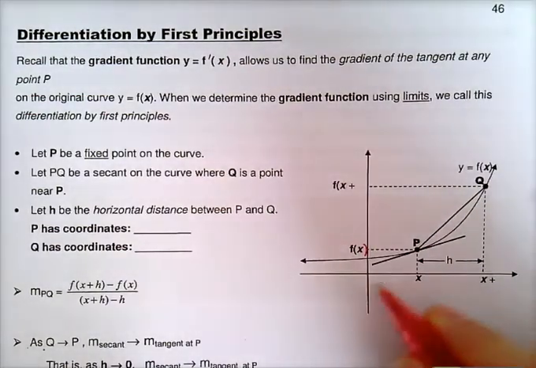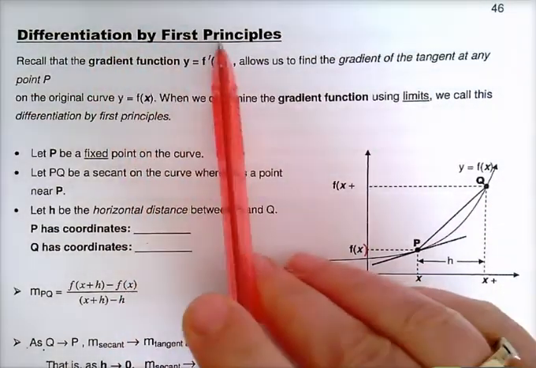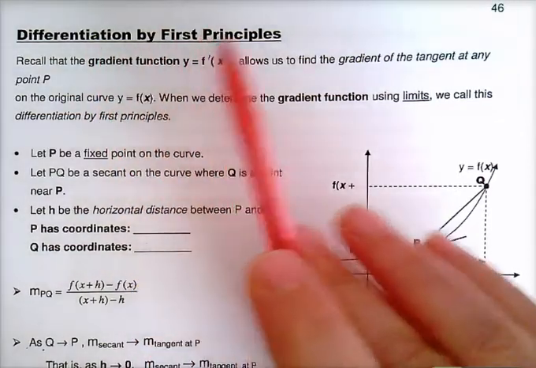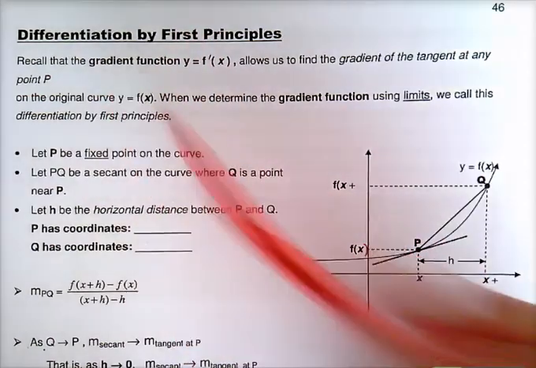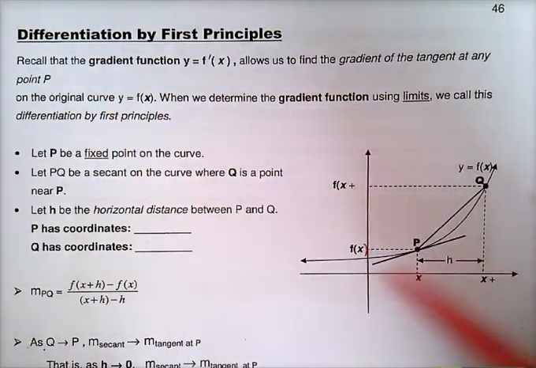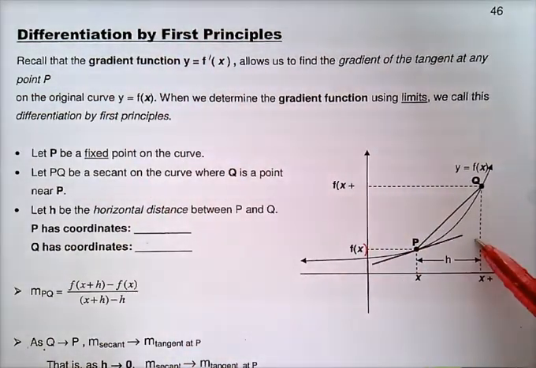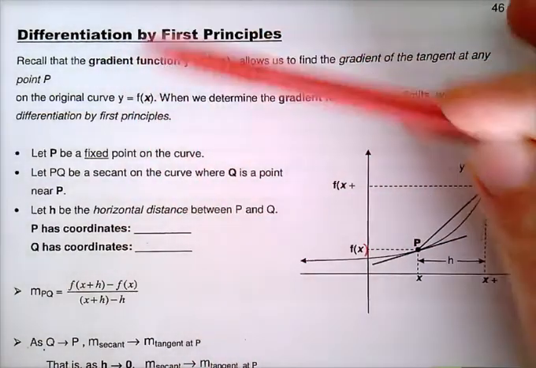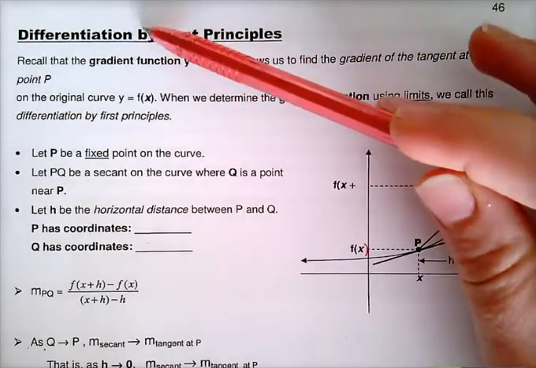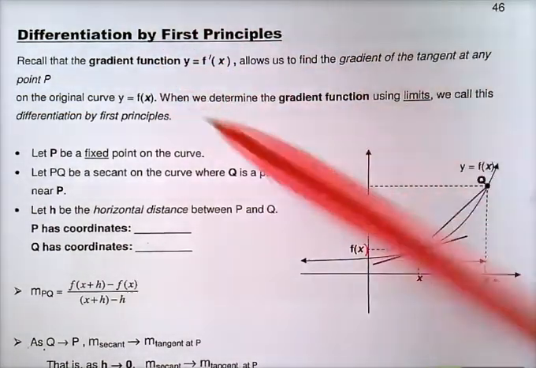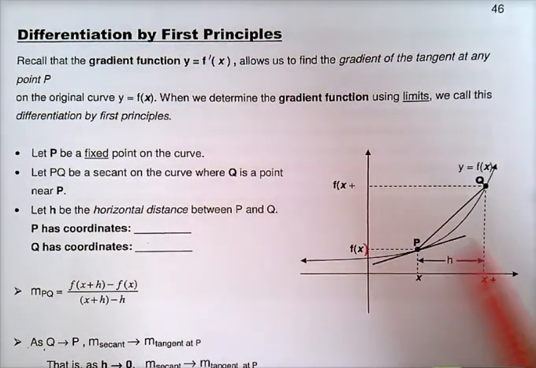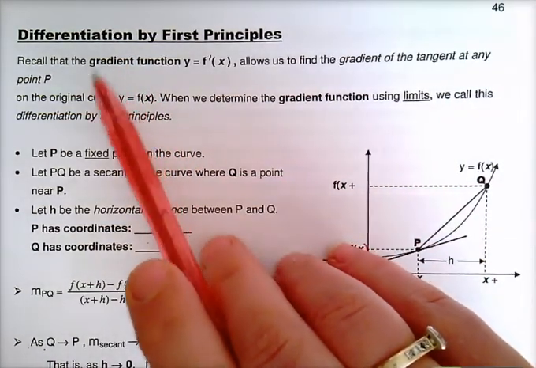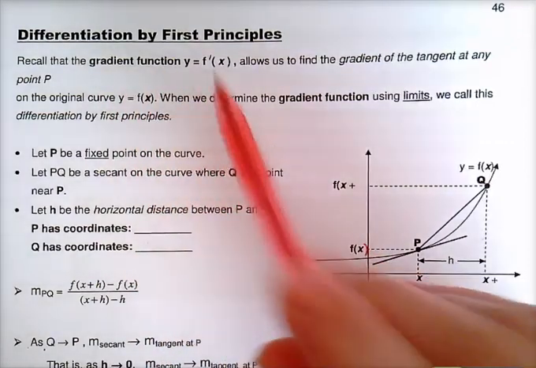So when we do what's called differentiation by first principles, the reason it's called differentiation is that it allows you to find the gradient of the tangent at the point P. It's called differentiation because we end up obtaining another function which is actually derived from the original function. When we get the gradient of the tangent at P, that function that we end up with is called the gradient function.